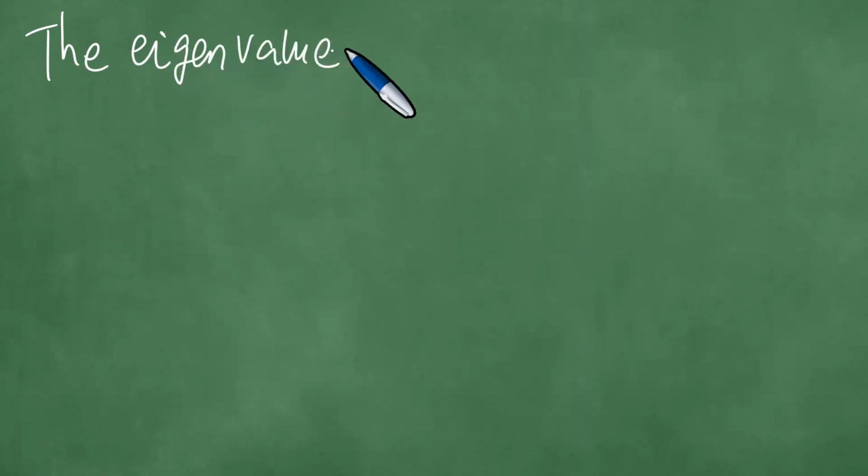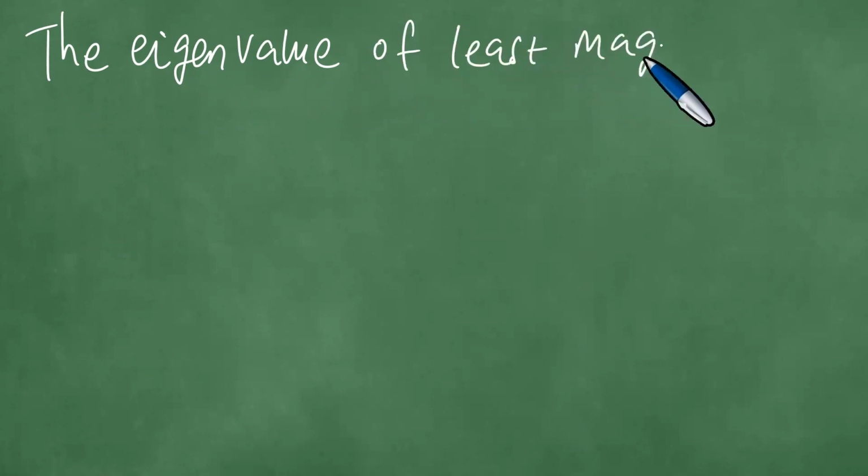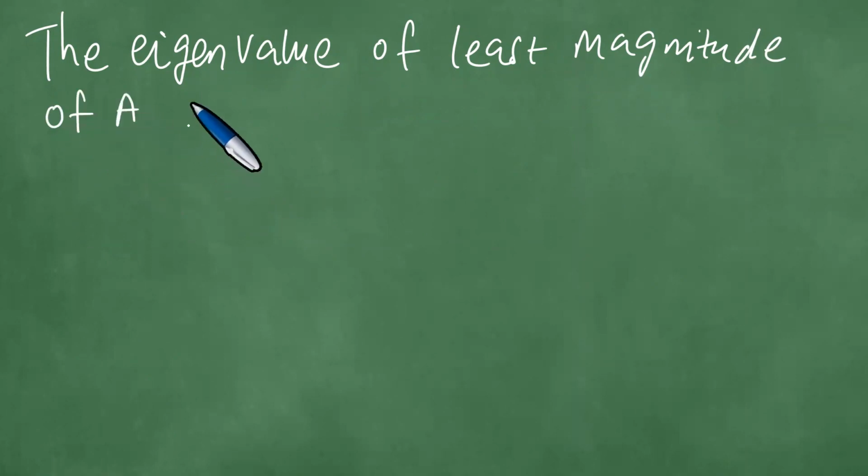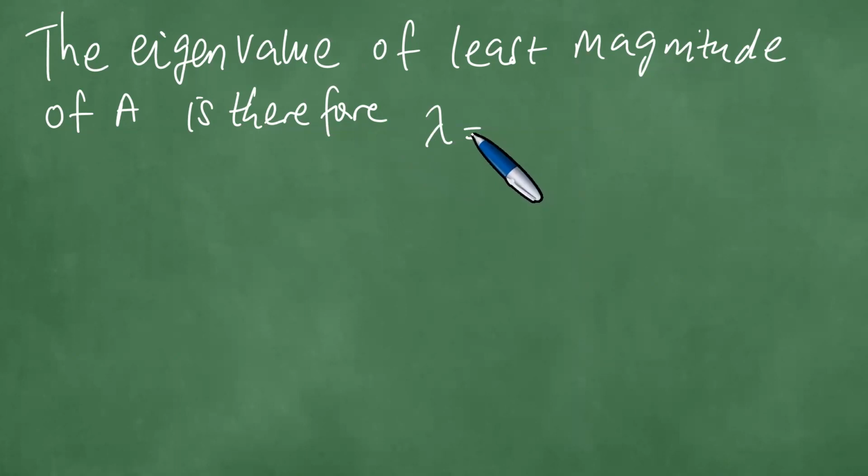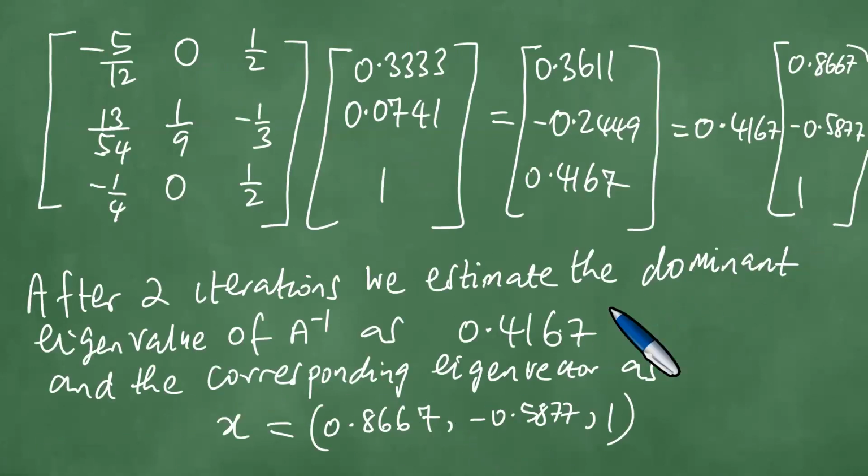What is the meaning of all this? The eigenvalue of least magnitude of A is therefore lambda, which equals 1 over this, because this one is the biggest one for the inverse relative to 0.3, 0.2, 0.4.